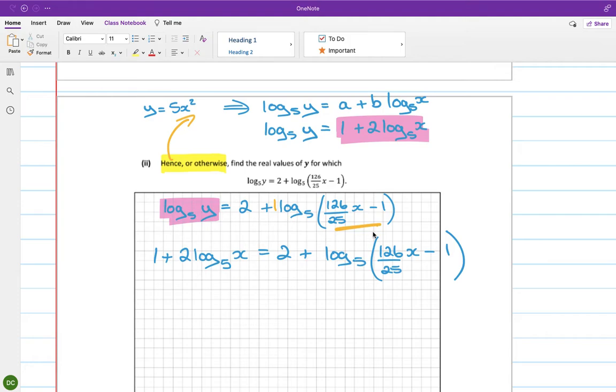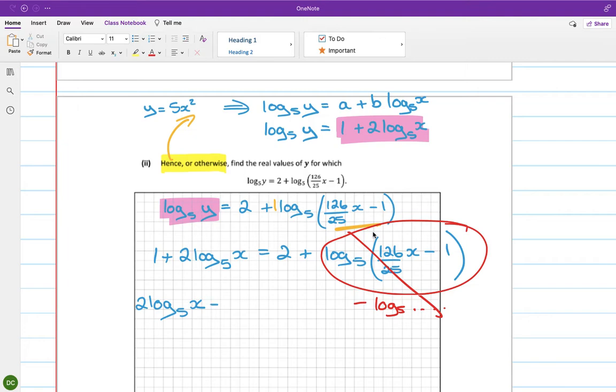So let's gather our logs. So 2 log to the base 5 of x. And then I'm going to bring this over, so I'm going to do minus log to the base 5 of 126 over 25x minus 1. So then when it comes over here, it's going to be minus. So 2 log to the base 5 of x minus log to the base 5 of 126 over 25x minus 1.